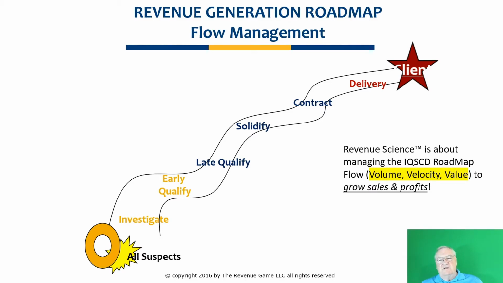Here's where the difference between sales and revenue happens. If salespeople get contracts that are difficult or in some cases impossible for the delivery side of the organization to deliver, either at all or on time, on budget, on margin, what happens to our revenue?